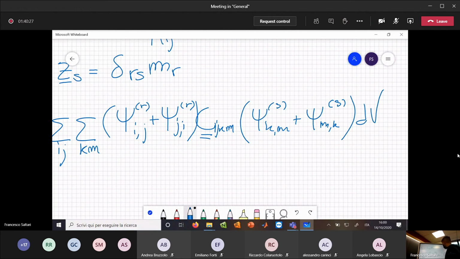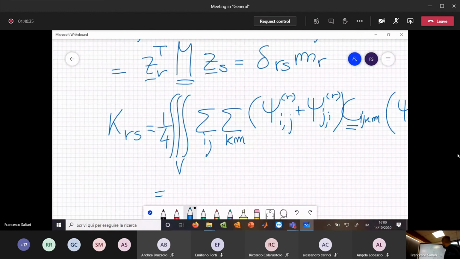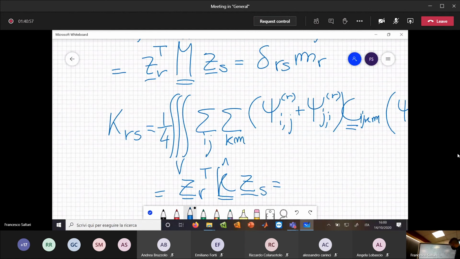Okay, if we apply the same procedure as for the mass matrix, we will end up getting that KRS is equal, as earlier, to Z transpose multiplied by the stiffness matrix expressed in nodal degrees of freedom, multiplied by Z S. That is equal to KR by delta RS.